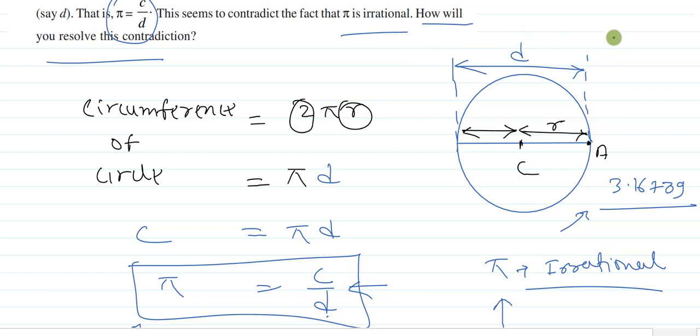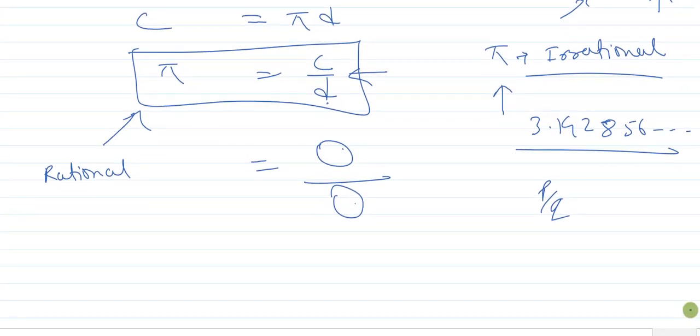You will write 3.1 only, because on your scale there will be 3, 4, and again 10 parts. So 3 centimeter and 1 millimeter you will write. But this micro measurement you will lose. So that's why measurement is approximate.